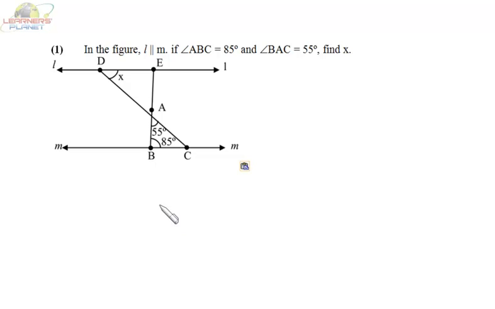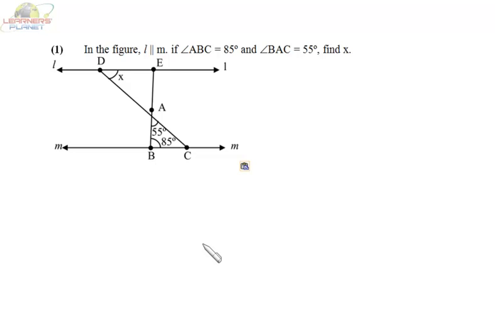Now in this case, line L is parallel to line M. Angle ABC and BAC are given to us and we have to find out this angle, that is angle X. Friends, this angle plus this angle plus this angle should be 180 since all the three angles are of a triangle.